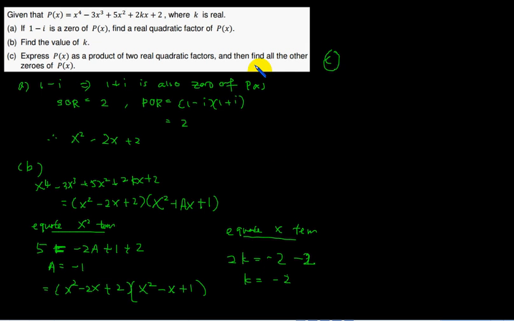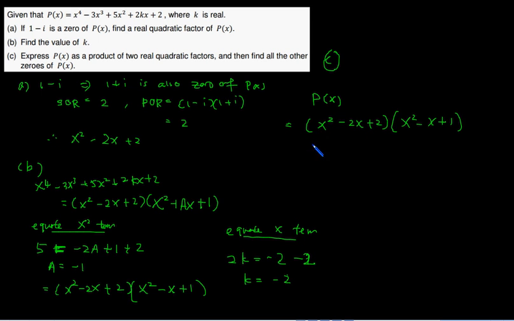And the last part, C, is to express this as a product of two real quadratic factors. In fact we have done so in part B, accidentally, as a result of trying to find k. So it means now p(x) is x squared minus 2x plus 2, the factor we got in part A, times the other quadratic factor that we had to obtain in order to find k, and then find all the other zeros.